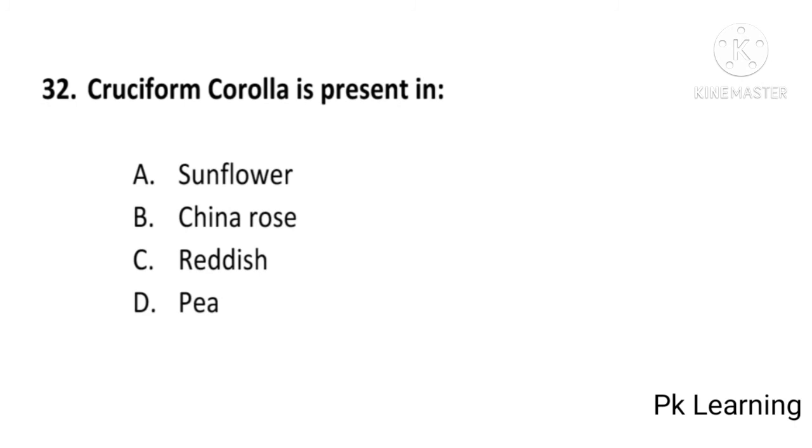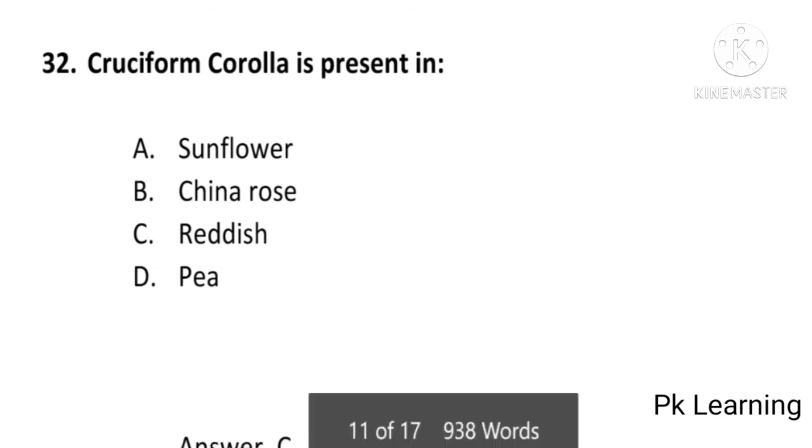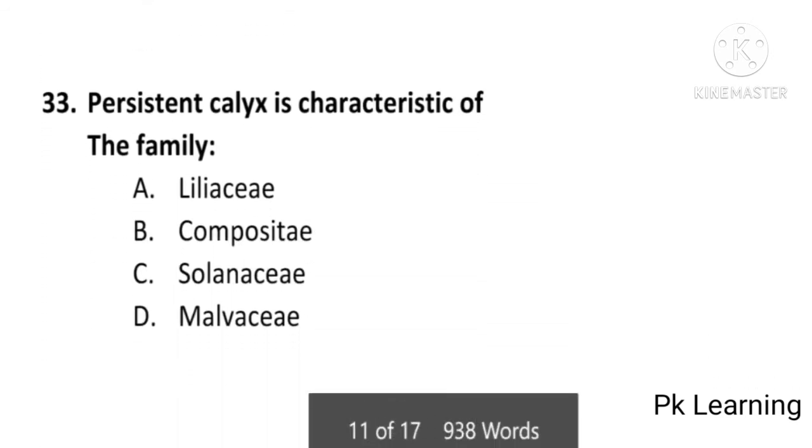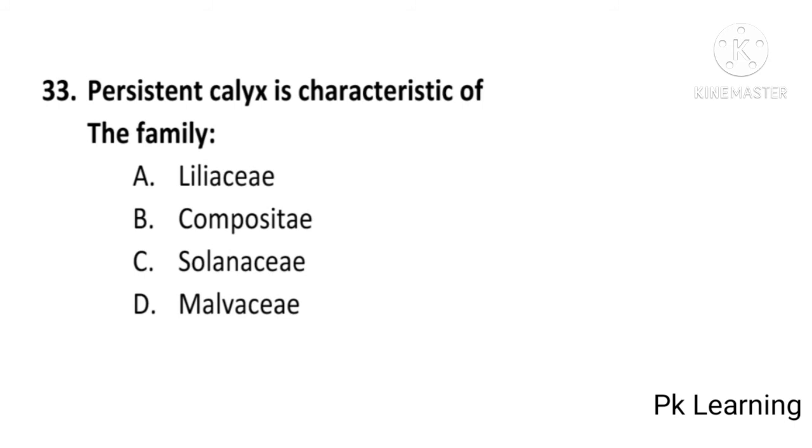And next question is, cruciform corolla is present in sunflower, chana, rose, radish, or pea. And answer is C, radish. Cruciform corolla is present in radish. And next question is, persistent calyx is characteristic of the family Liliaceae, Compositae, Solanaceae, or Malvaceae. And answer is C, Solanaceae. Persistent calyx is characteristic of family Solanaceae.